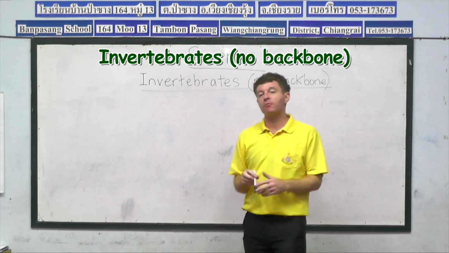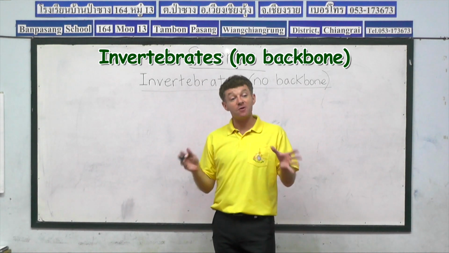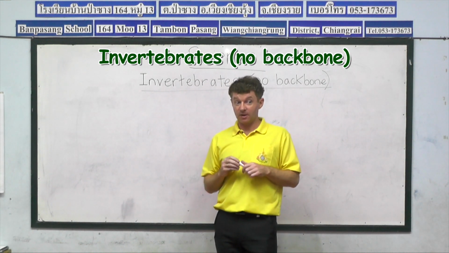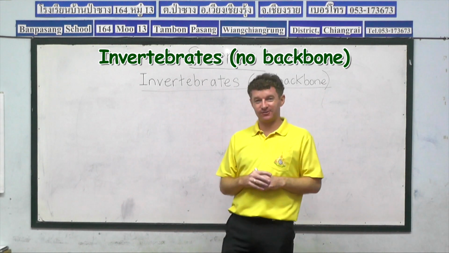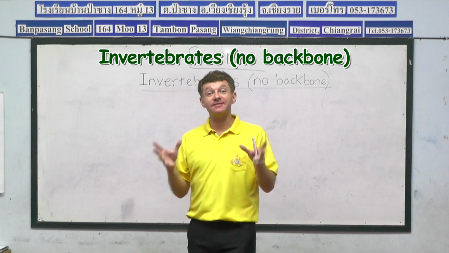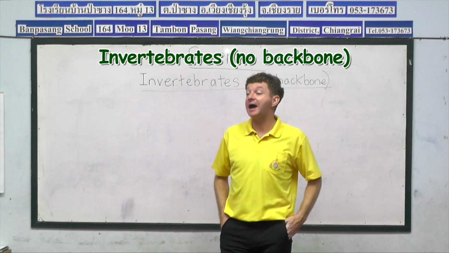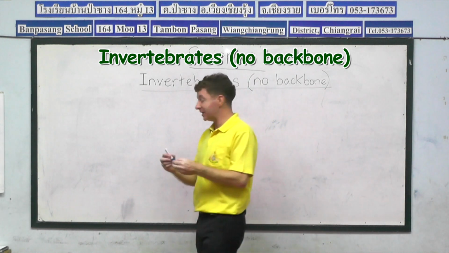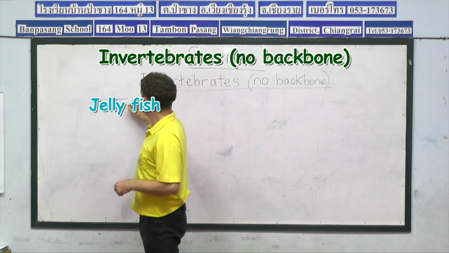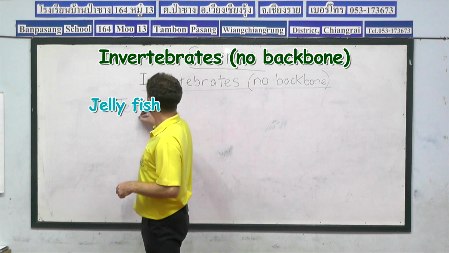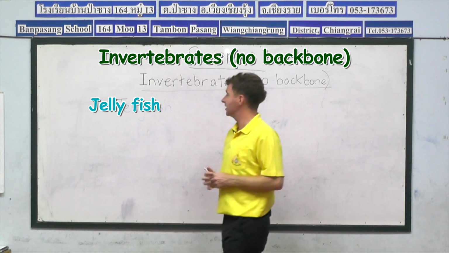But thinking back to previous lessons, who can tell me some types of animals that are invertebrates? Yes, well done. A jellyfish. A jellyfish is a type of animal with no backbone. So we can call a jellyfish an invertebrate. How do we spell jellyfish, guys? J-E-L-L-Y F-I-S-H.